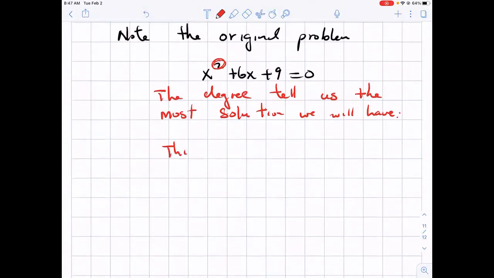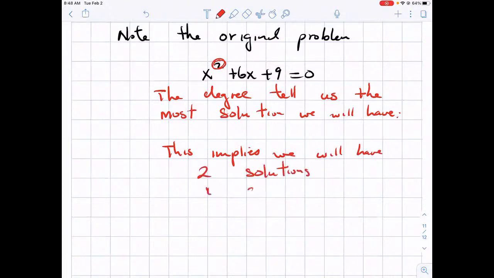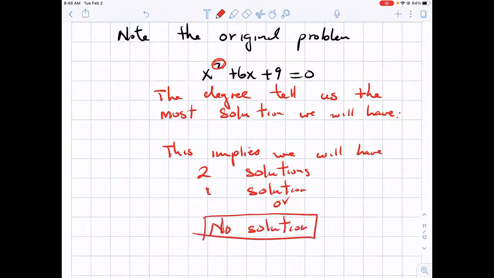This means or implies we will have 2 solutions, 1 solution, or no solution. No solution is always an option.